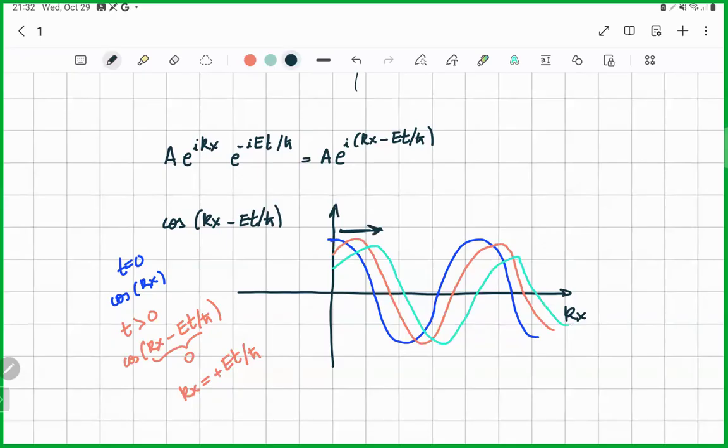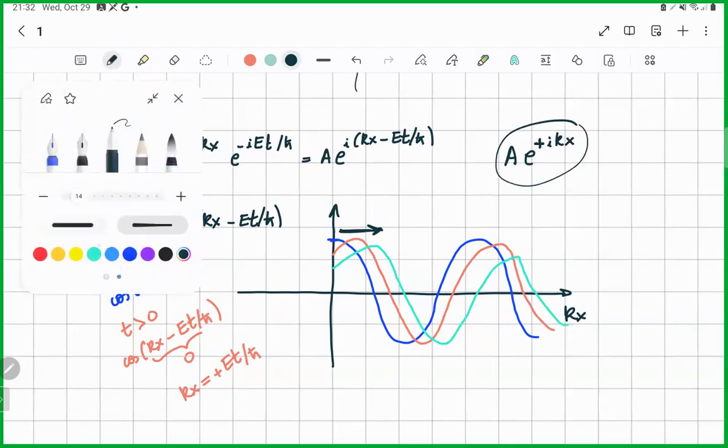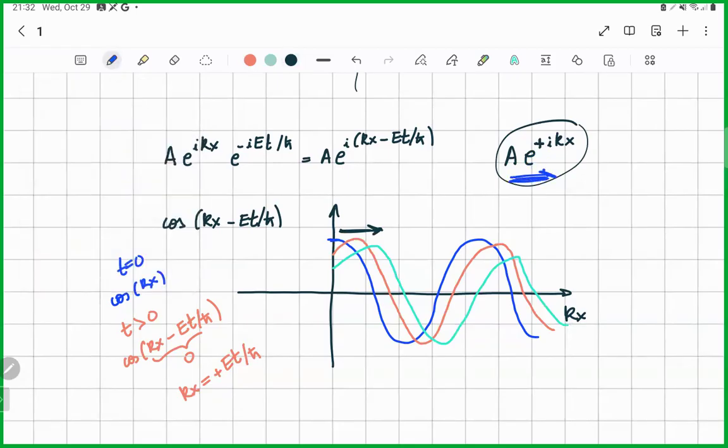Okay, all that to say that the piece of our solution that has plus ikx, when we include time, is the piece of the solution that is moving to the right. If you do the same exercise that we did here, you will see that the piece with the minus ikx is the piece moving to the left, to the negative x.